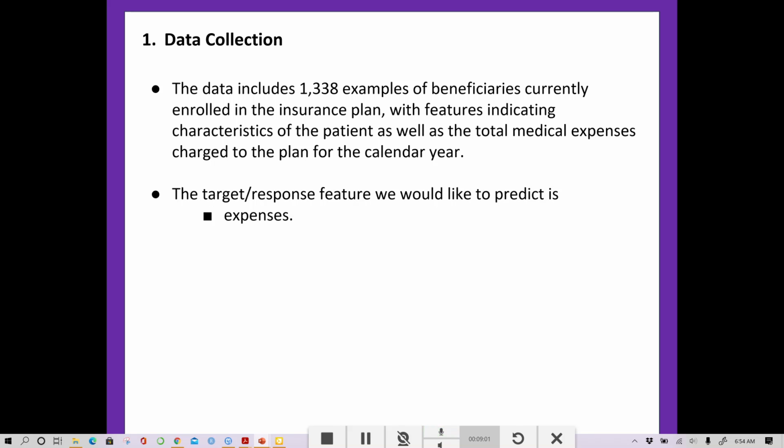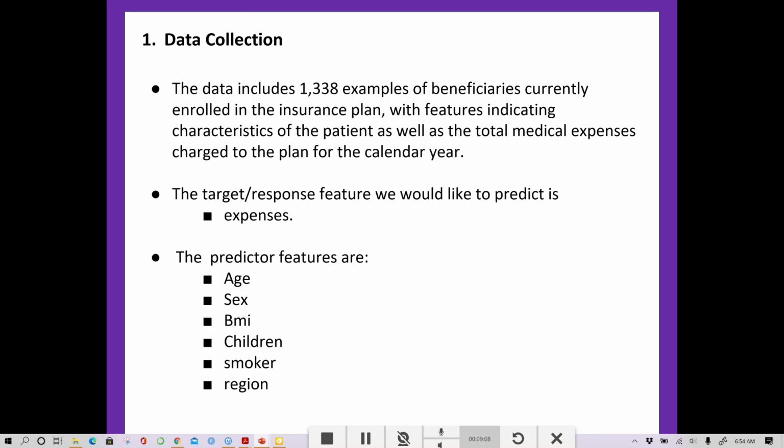And the target feature that we would like to predict is the medical expense of the patient. The predictor features that we would like to collect information from in predicting the medical expense of a particular patient are age, sex, BMI, number of children, whether the person is a smoker or not, and the region of the United States where the person is residing.